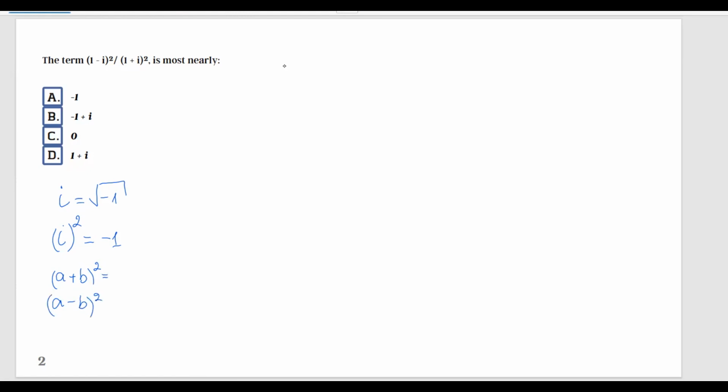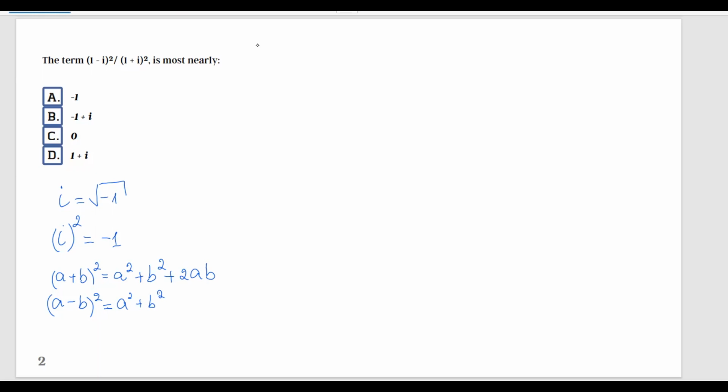The way our teacher presented this to us makes it very easy to memorize, so I'm going to try to do the same. (a plus b)² equals the first component squared, a², plus the second one squared, b², and then plus double the product, 2ab. Now for the second formula, where we have minus instead of plus, we again have a² plus b².